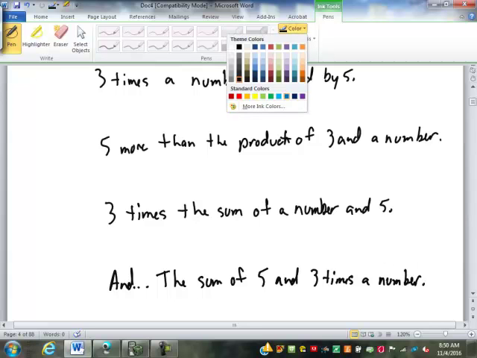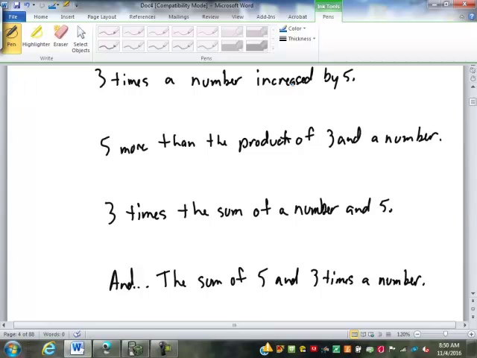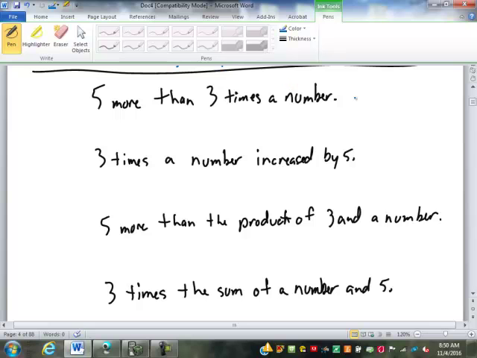All of these are very similar, but they're not all the same. Start with the first one. 5 more than 3 times a number. Well, 5 more indicates we're adding 5 to something. What is it we're adding 5 to? 3x, 3 times the number. 3 times the number increased by 5, what's that going to look like? 3x plus 5.